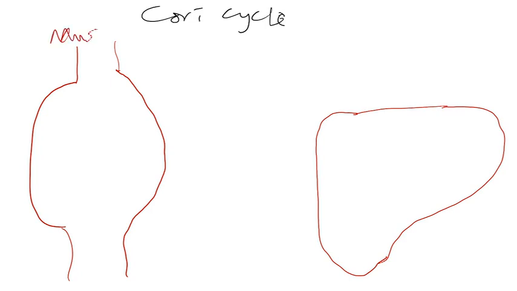So within the muscle, the glucose is utilized through the glycolytic pathway, as we mentioned earlier on, to produce glucose 6-phosphate.